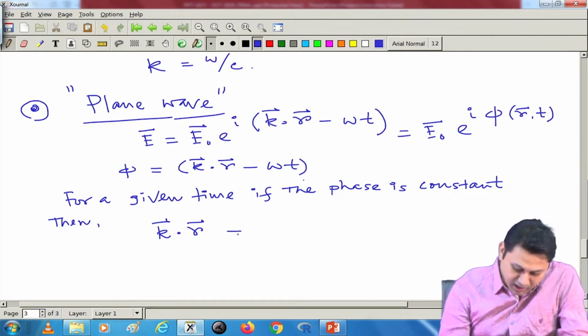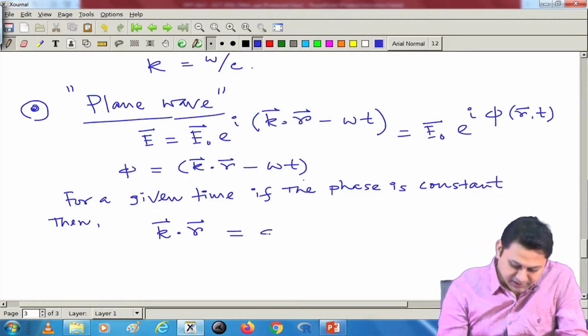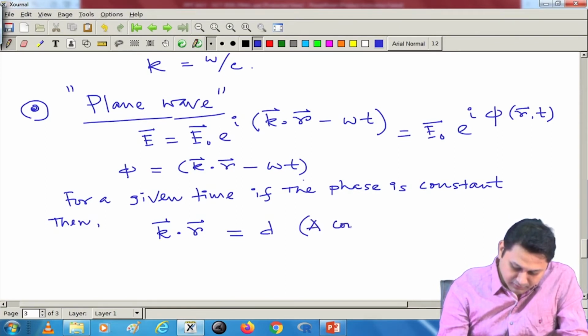So, k dot r is eventually a constant term, say d, a constant.